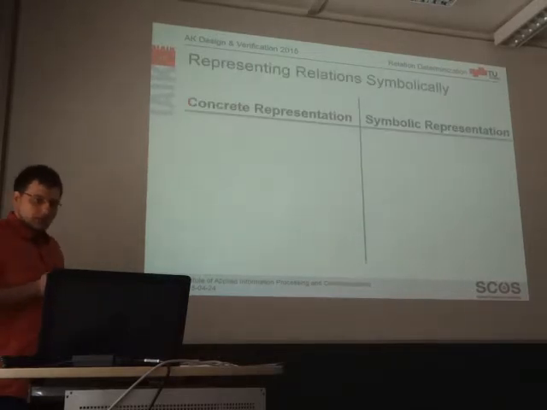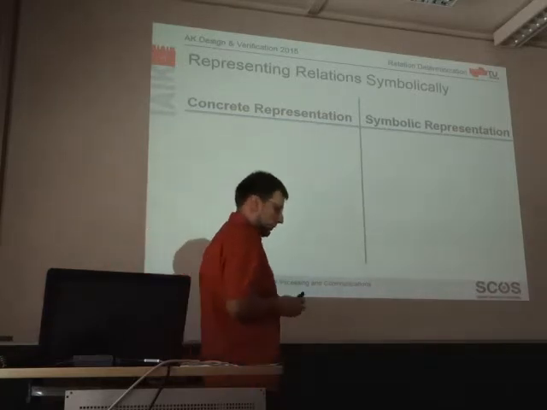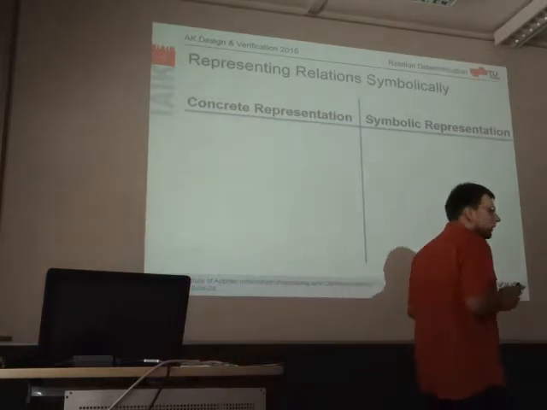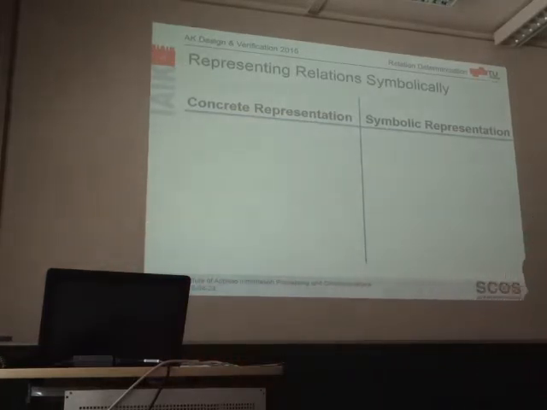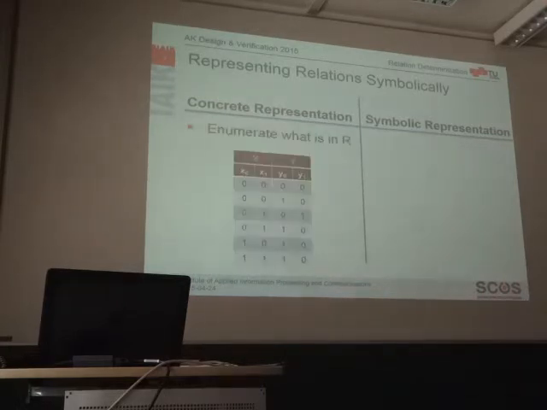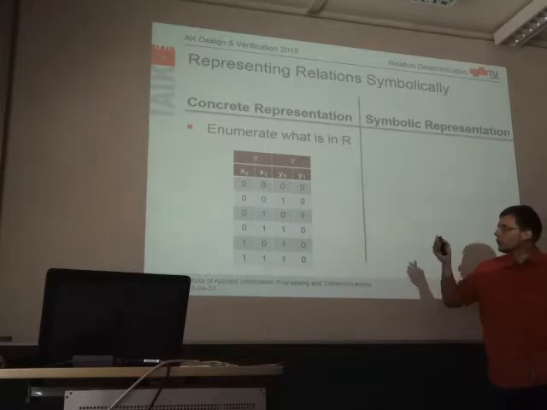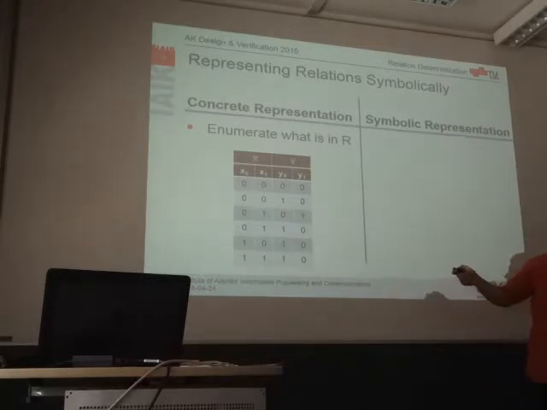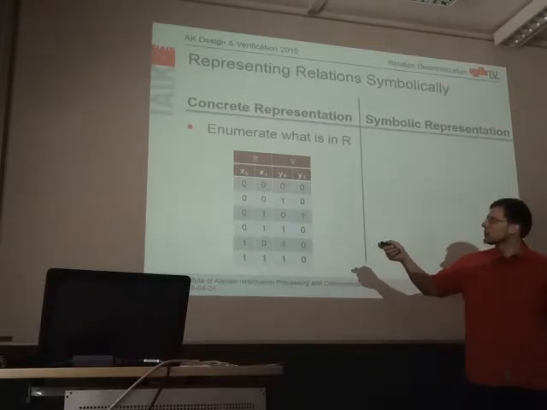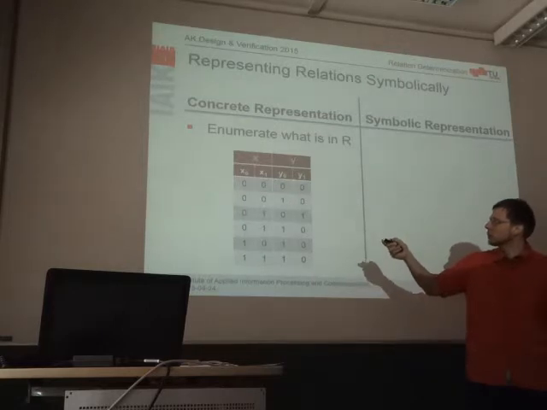Okay, so let's see how we can represent such relations. Obviously, one way to represent them is to have a concrete representation, which is basically just an enumeration of what is part of the relation, similar to the set notation that I've shown before. But when we're talking about booleans or bit vectors, we often have such a table representation where we say, okay, for the input 0, 0, we can have the output 0, 0.